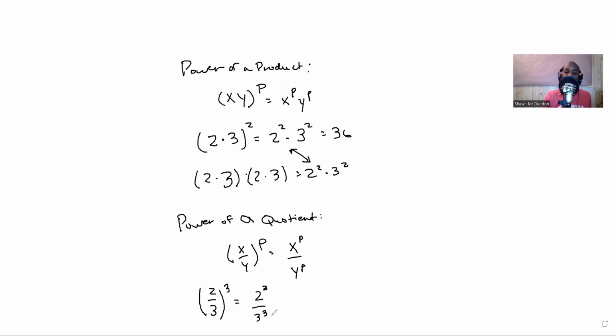You see what I'm saying? Really what it ends up being is 2/3 times 2/3 times 2/3. So you have numerator times numerator, denominator times denominator. So that's 2 times 2 times 2 over 3 times 3 times 3. So you have 2 cubed over 3 cubed, 2 to the third over 3 to the third. Okay. All right.